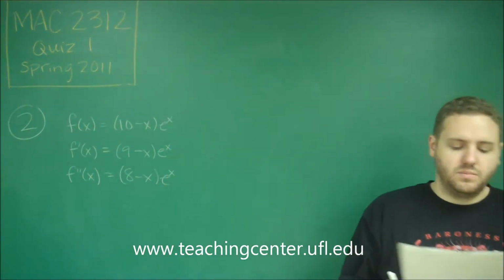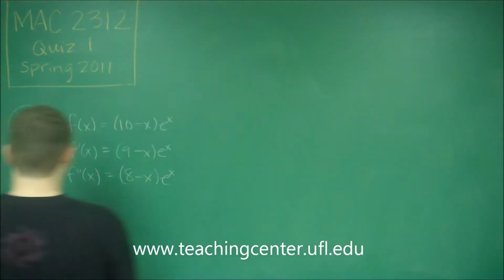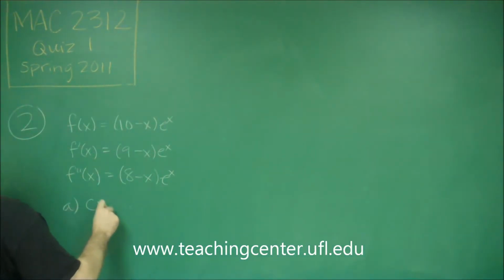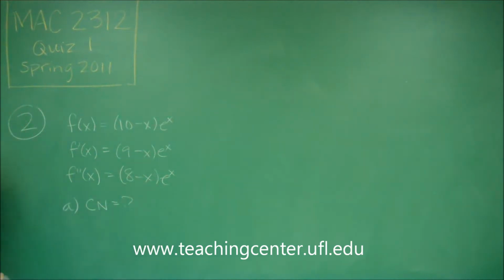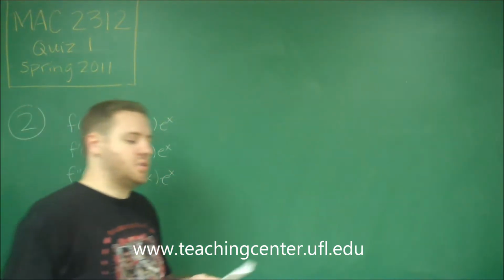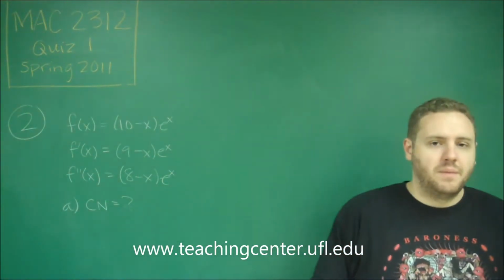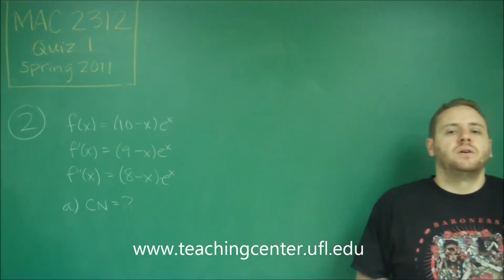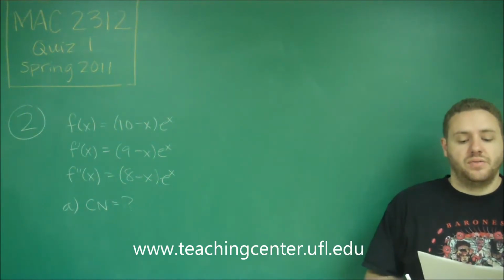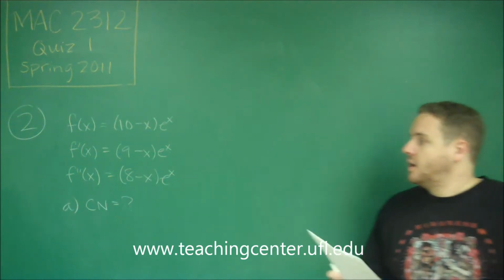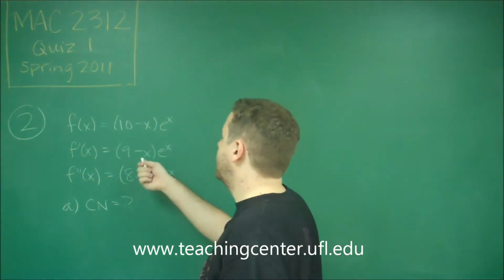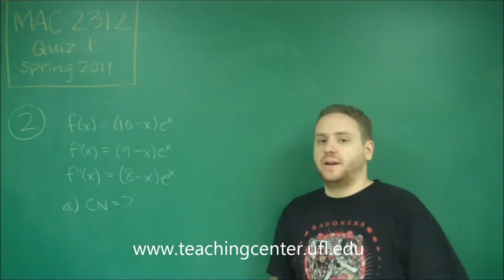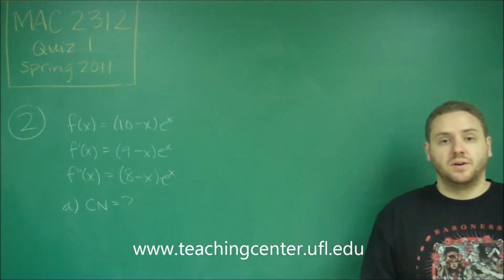So the first part A asks us critical numbers. So what are the critical numbers of this function? Remember that the critical numbers are anything that makes the first derivative either 0 or undefined, that is defined in the function. The only thing that happens there is if x is equal to 9, because that would make our derivative 0.